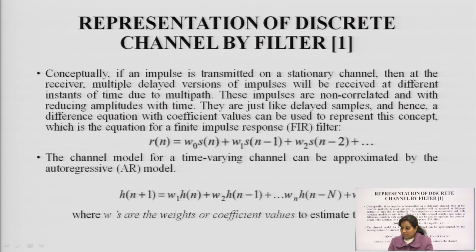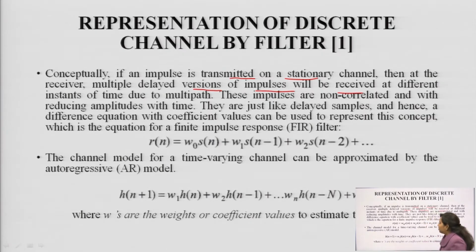Now, this is the representation of the discrete channel by a filter. Conceptually, if an impulse is transmitted on a stationary channel, then at the receiver multiple delayed versions of the impulse will be received at different instants of time due to multipath.